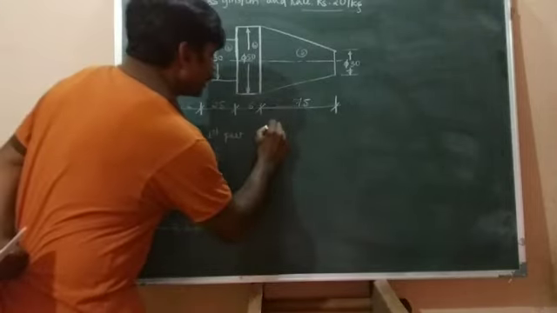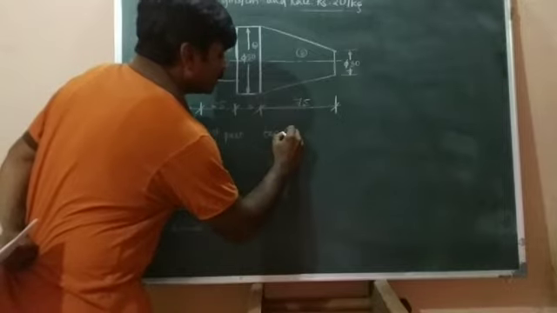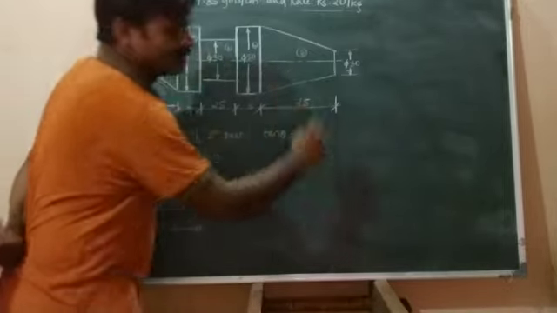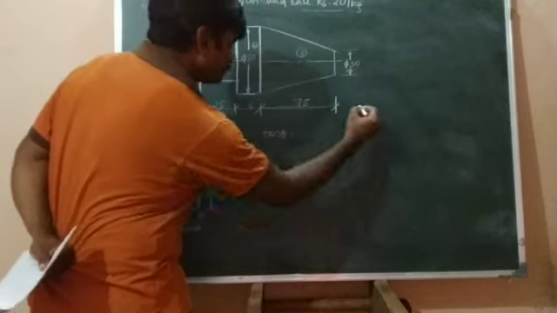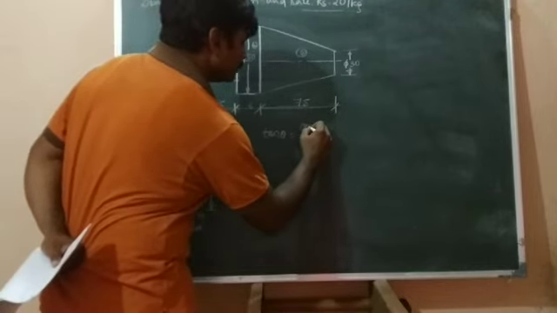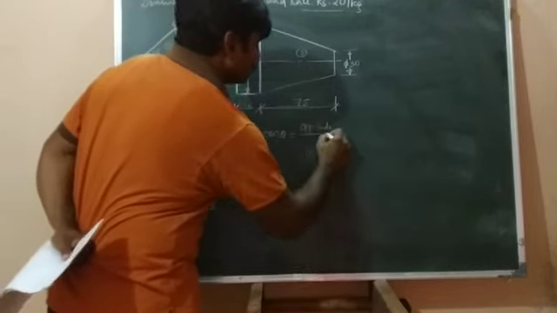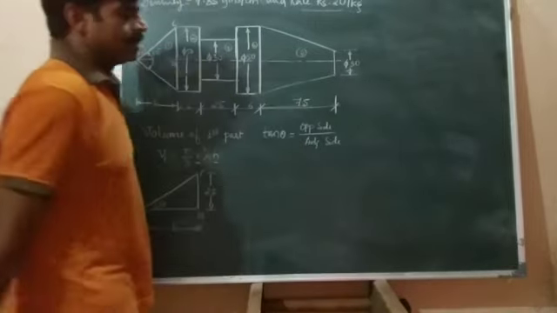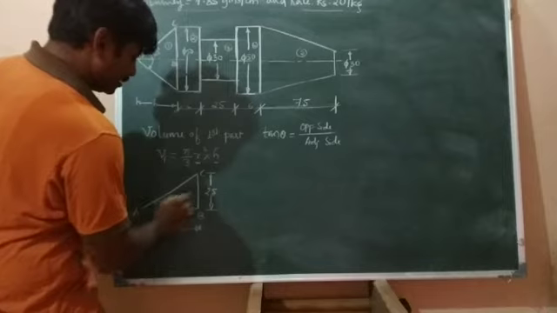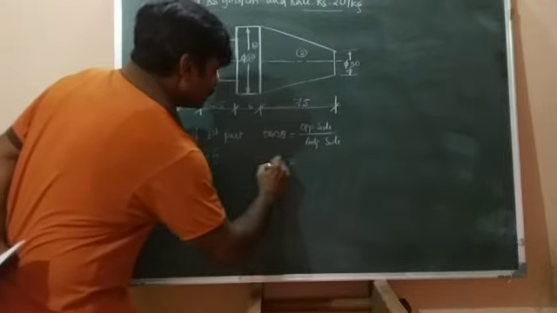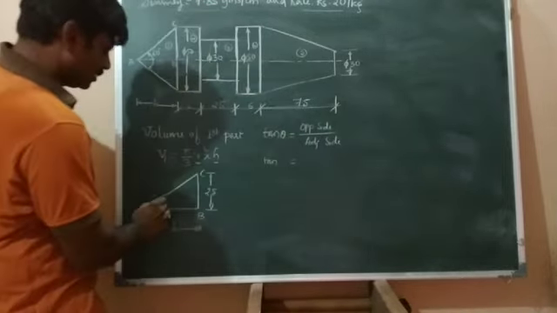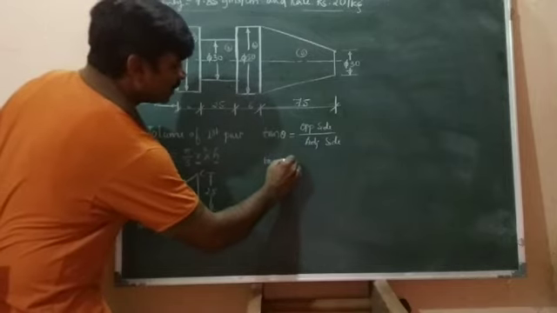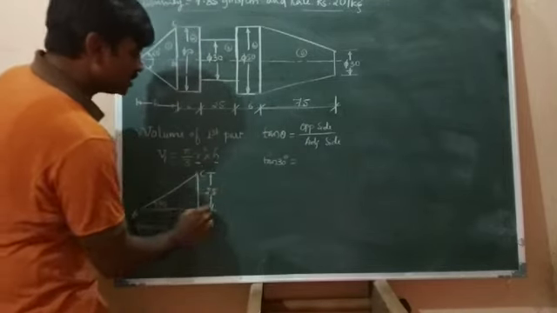That is tan theta. So the tan theta relation: opposite side divided by adjacent side. Now which one is the opposite side here? So that is tan theta, where theta is 30 degree, and opposite side is 25.